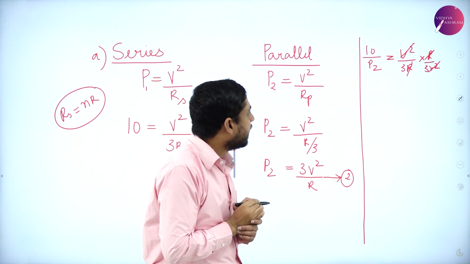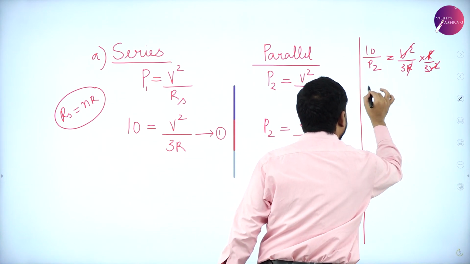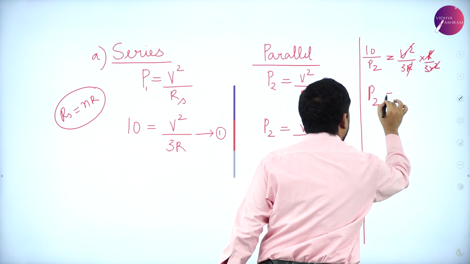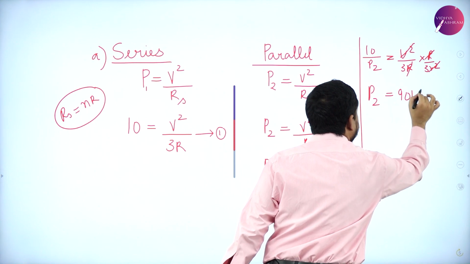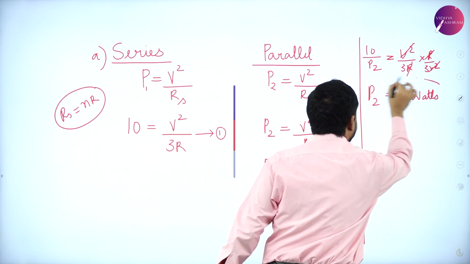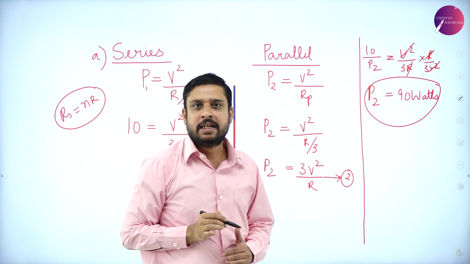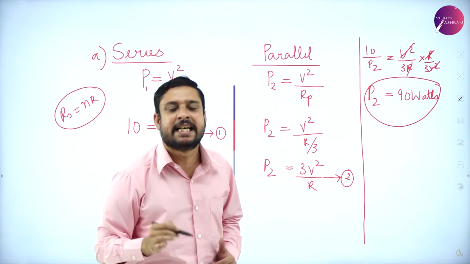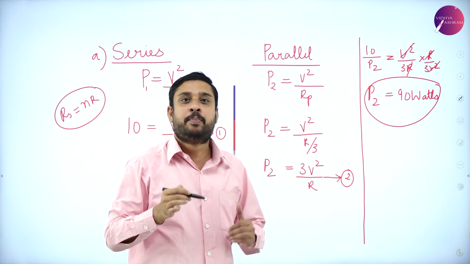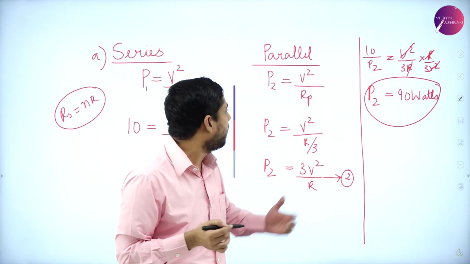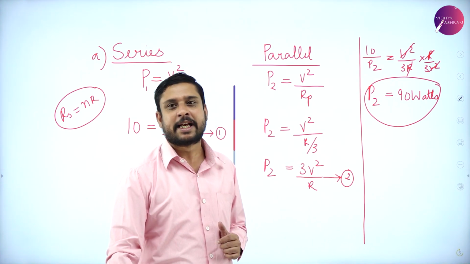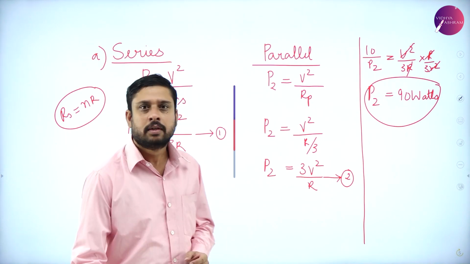Now we have 3V square, so this is 9. So P2 is 90 watts. See, just knowing the expression for power, series identical resistors, and resistors in parallel, I have got the required answer. Next one.